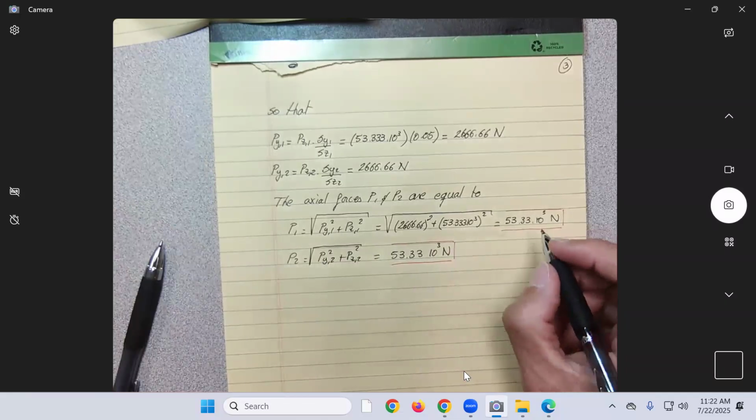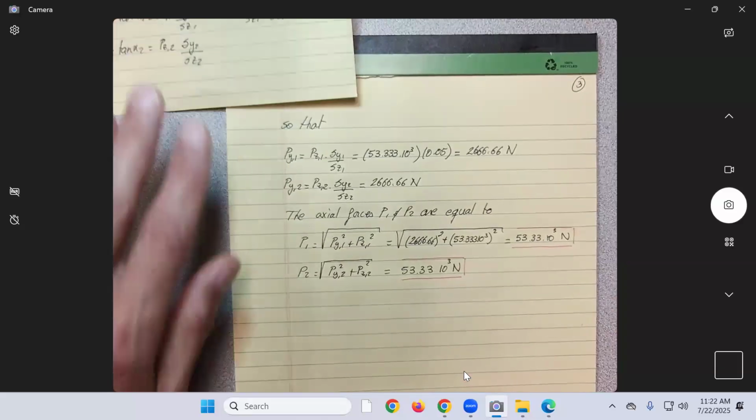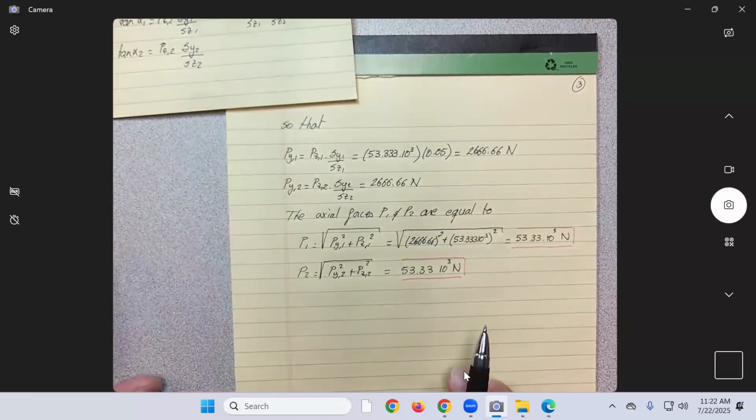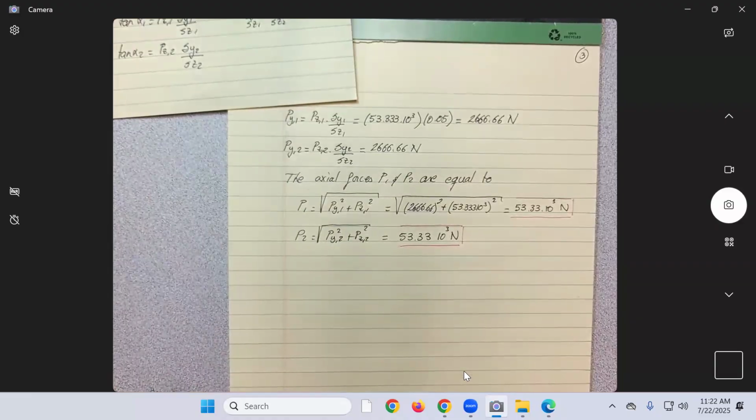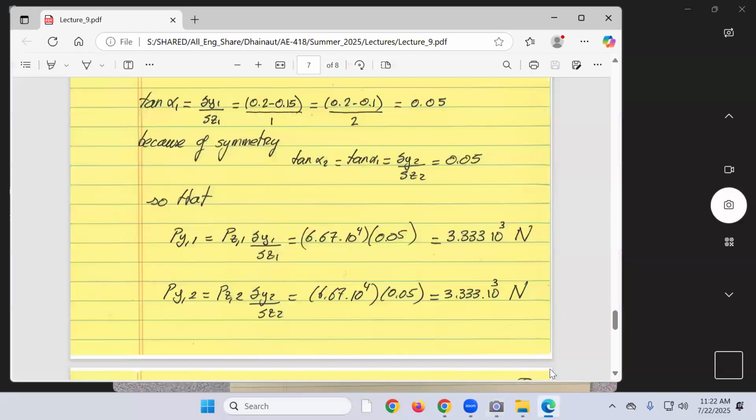So basically what you see over here is that Py1 is so small compared to Pz1 that it can almost be ignored. But let's go back for a second and do a little bit of the figure over here, if you want the details for the sign.